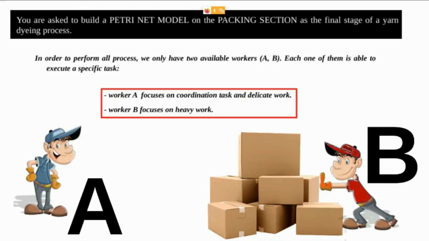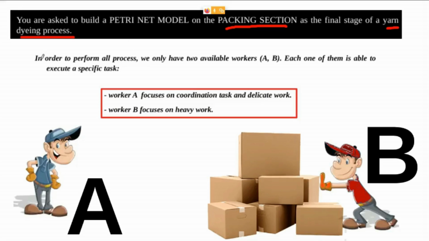Let's have a look now at a different example. Well, this is a manufacturing process example. It's about a textile process. We are asked to build a Petri Net model of the packing section as the final stage of the yarn dyeing process.